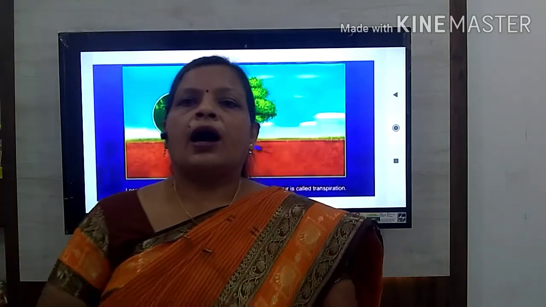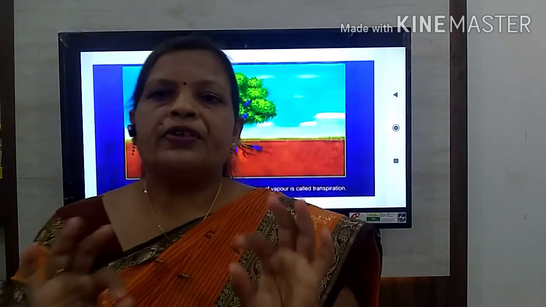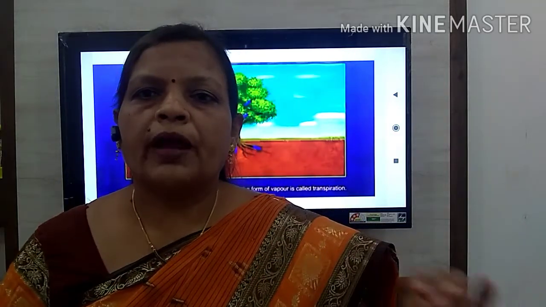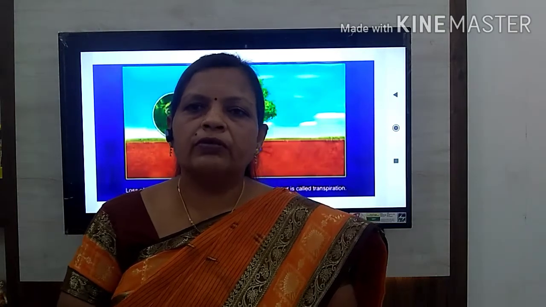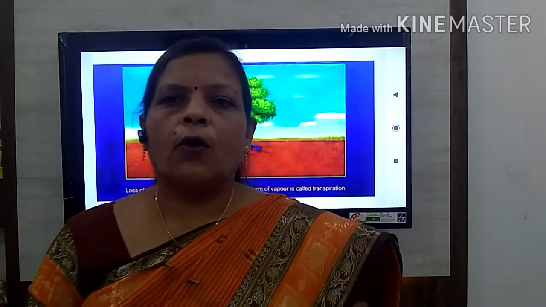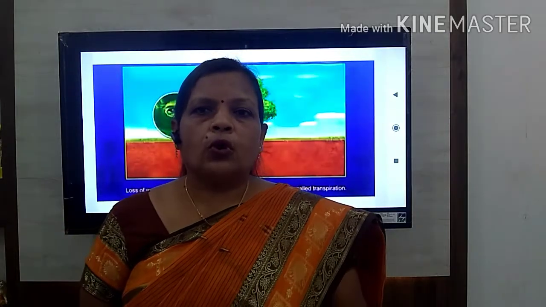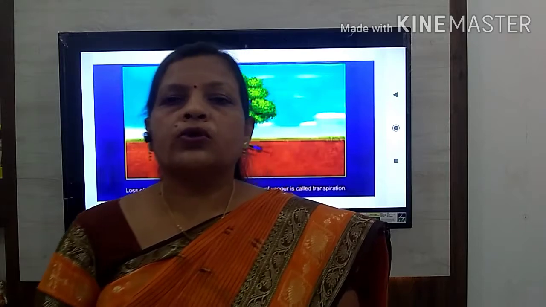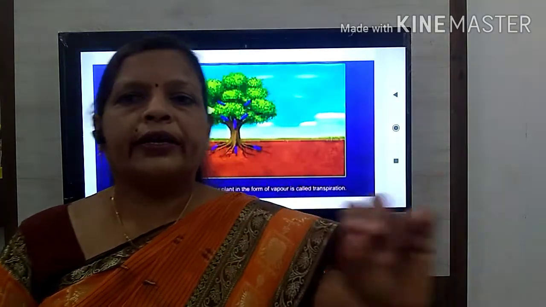Stomata are the openings which are present on the leaves of the plant. On the ventral surface of the leaves, the stomata are present. These are the openings which show opening and closing, and through these stomata maximum evaporation of water takes place.